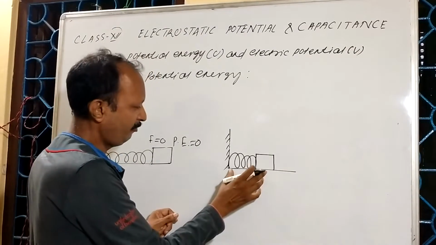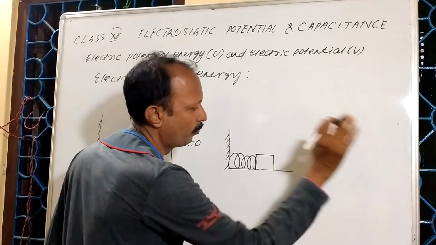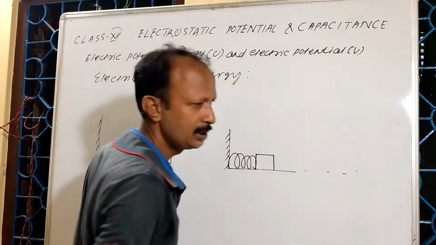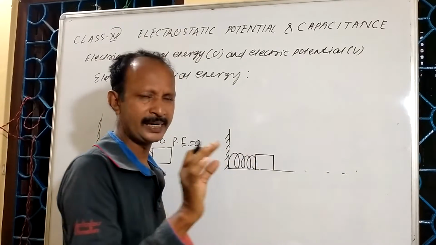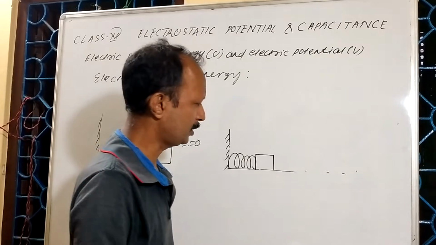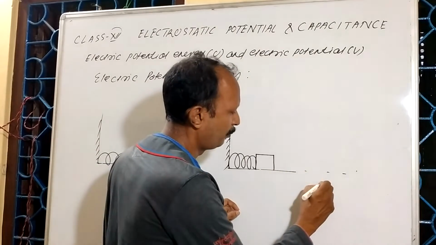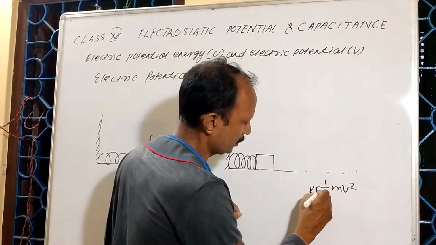Now if I leave this, definitely the block will move. When the block moves, that means the block will get velocity. If the block gets velocity, I can say that the block gets kinetic energy.